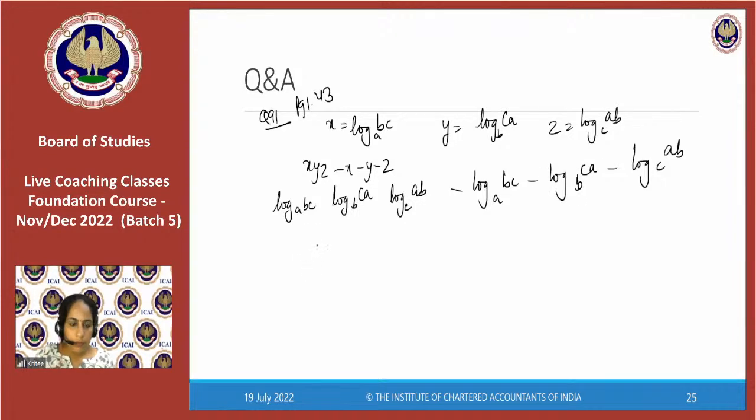So we are multiplying. We could have used this.